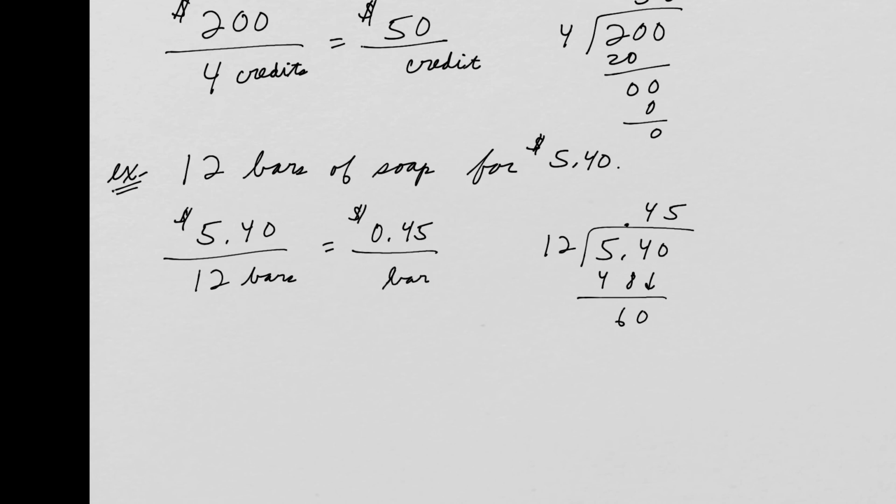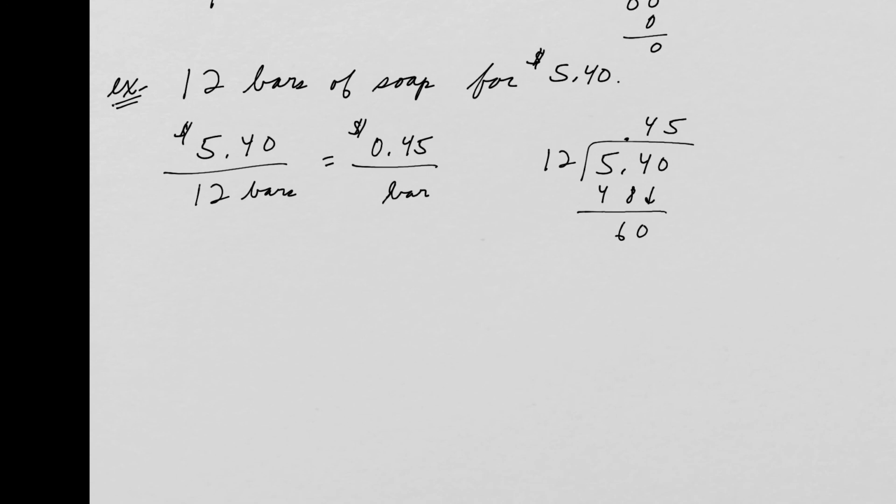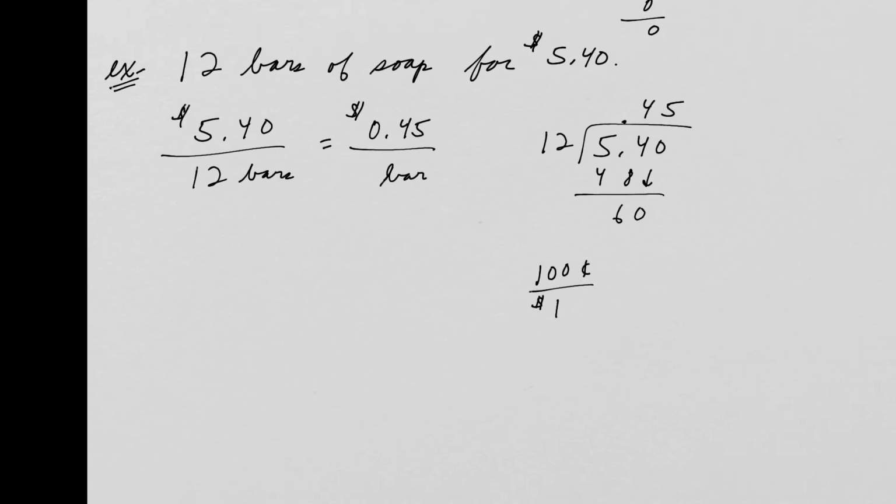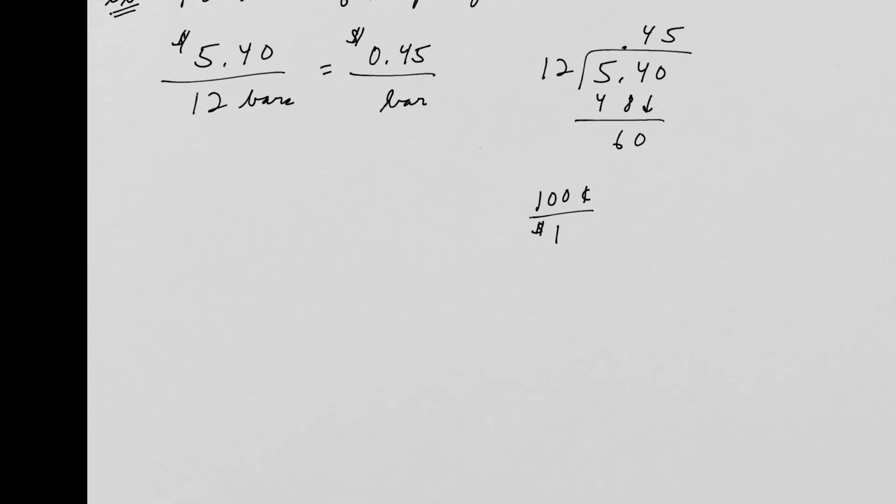Okay, and of course, we know that there's 100 cents in $1, right? So I could convert this to cents if you want by multiplying. I could say, well, I have $0.45. If I multiply by 100 cents over $1, see how dollars will cancel, and I'll end up with cents.